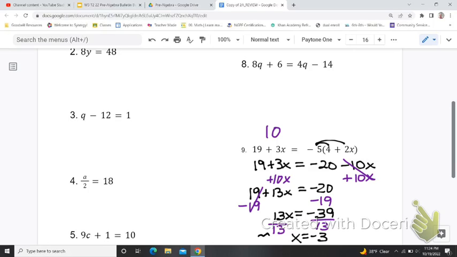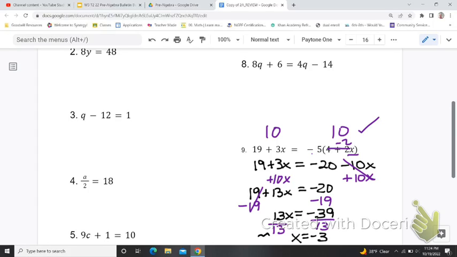And on the right side, if I put in a negative 3 for x, this would be negative 6, plus 4 would make negative 2, and negative 5 times all of this would be negative 2. Negative 5 times negative 2 is also 10. So it checks.